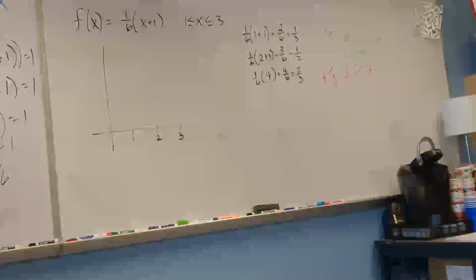What is happening to our numbers? 1/3 to 1/2 to 2/3, so doing what? They're getting bigger, you know?